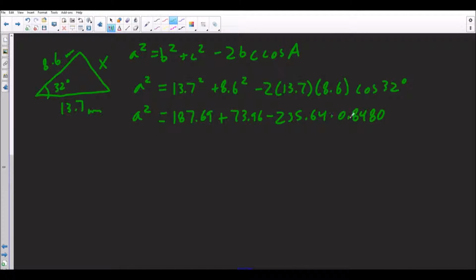Now be careful because these two things are still multiplied together. So don't add up all these together. You can add up these two.